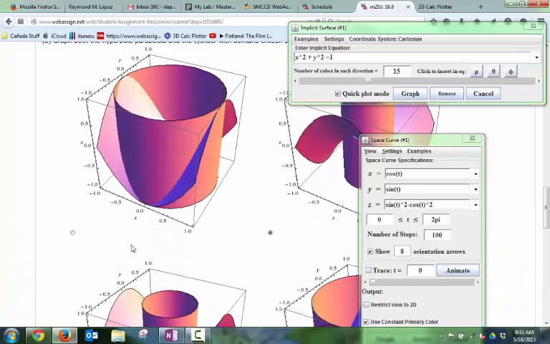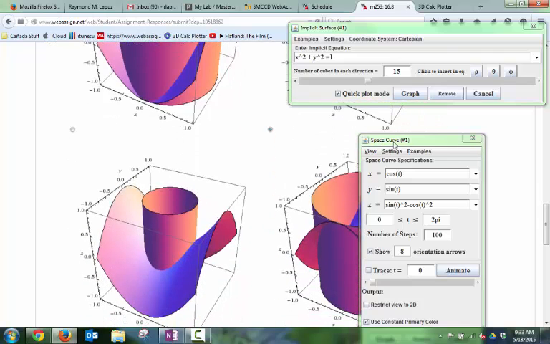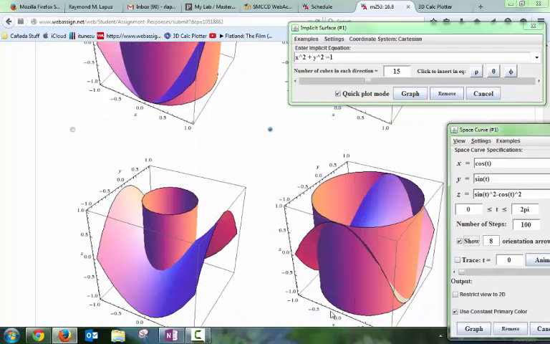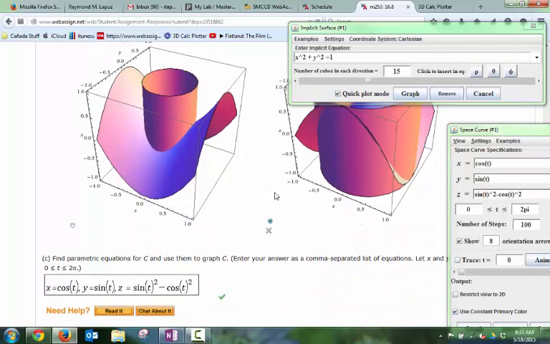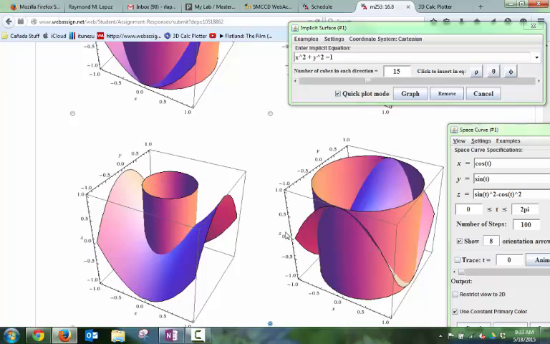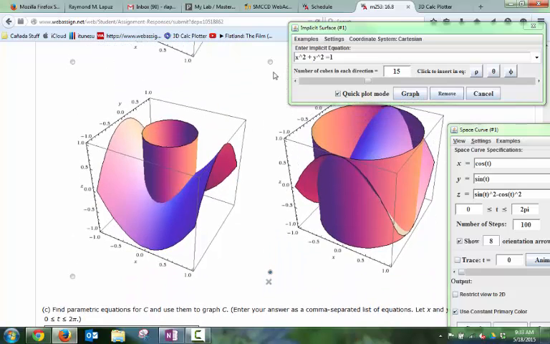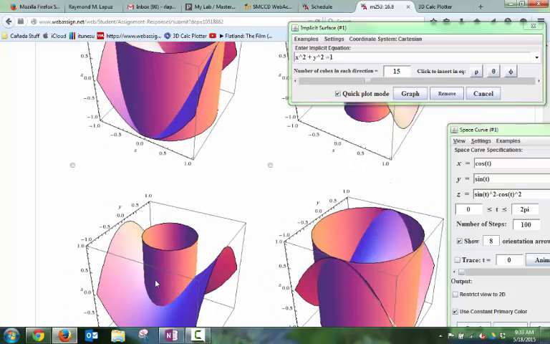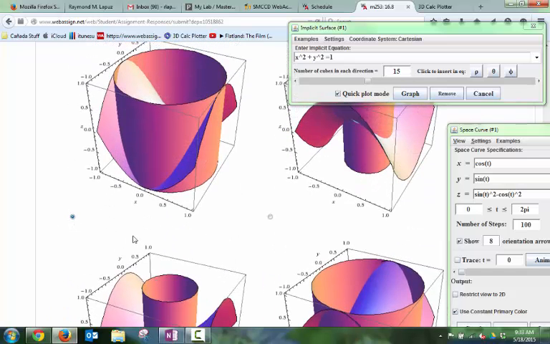Didn't like our second answer here for some reason. Oops, I'm sorry, I clicked on the wrong one. No, that was the right one. Let's try this answer.